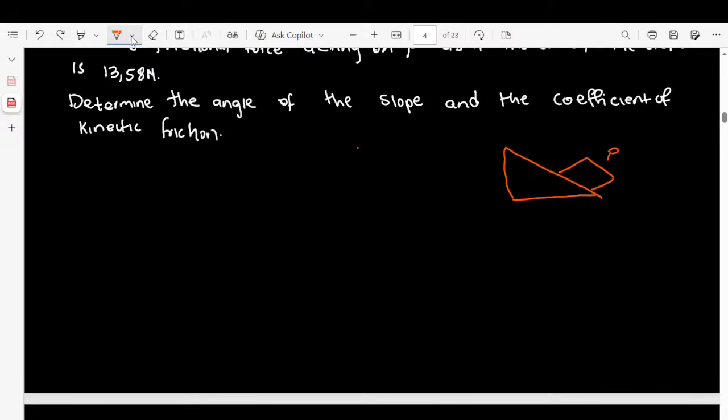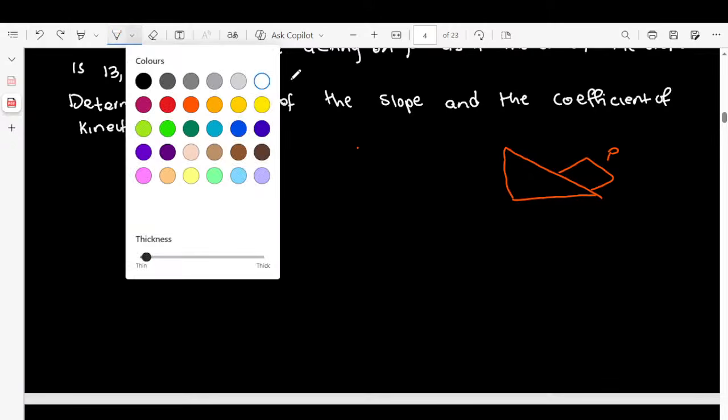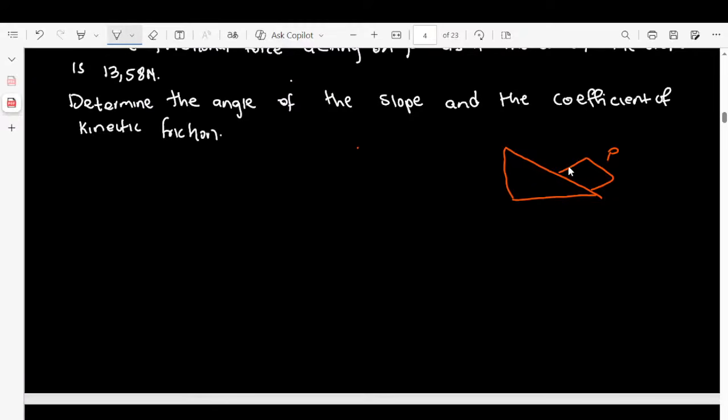So box P will have the following forces acting on it. The tensional force is going up. We have Fk going down. We have Fg parallel. Please don't forget that: if something is on an incline, we're going to have an Fg parallel.